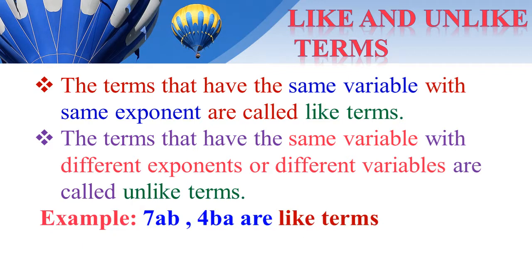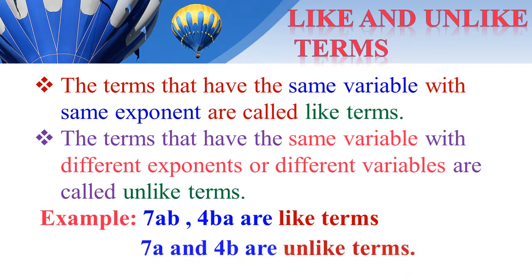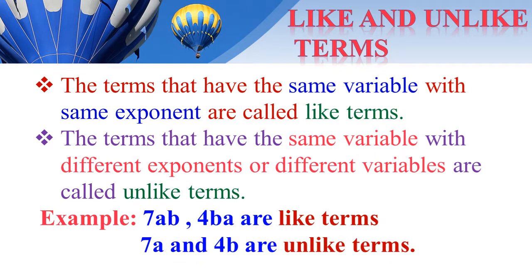So for example, 7ab and 4ba are like terms because they have the same variable and same exponent. Next, 7a and 4b are unlike terms because they have the same exponent but different variables.